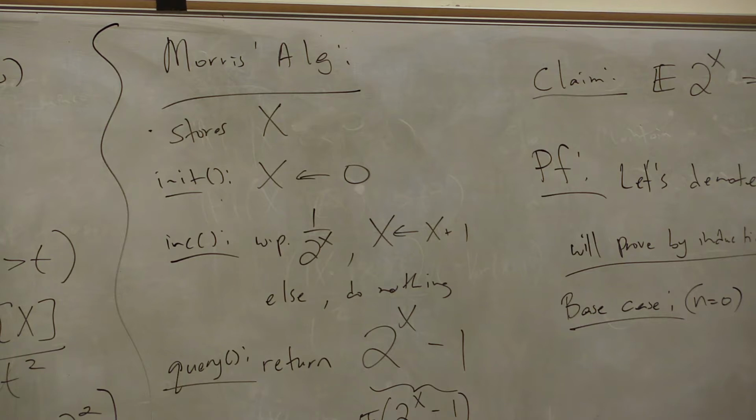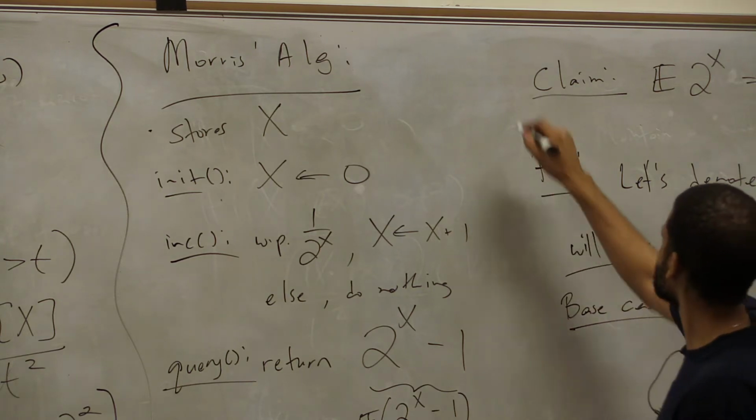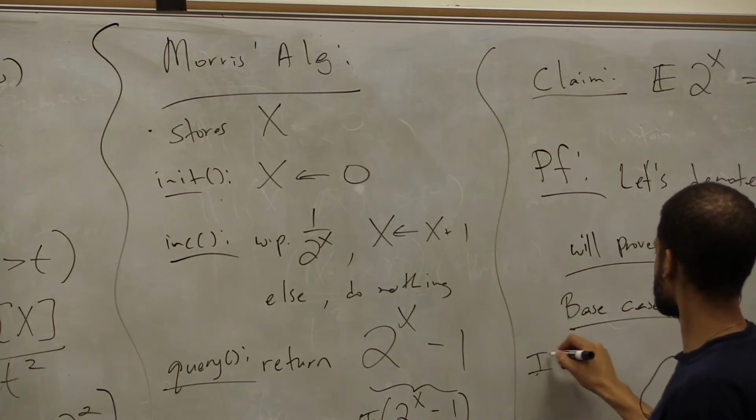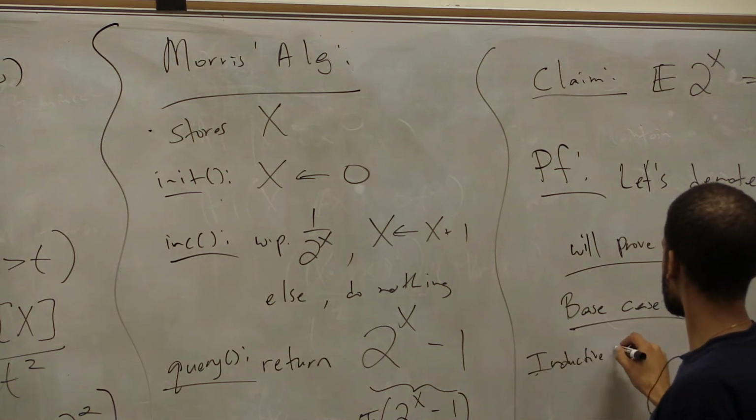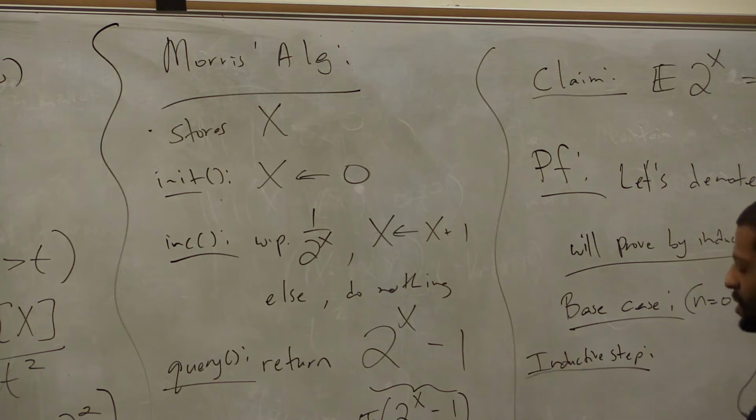This here is n, so good. The base case checks out. Now let's do the inductive step. We're going to assume that the inductive hypothesis is true for n and prove it for n plus 1.